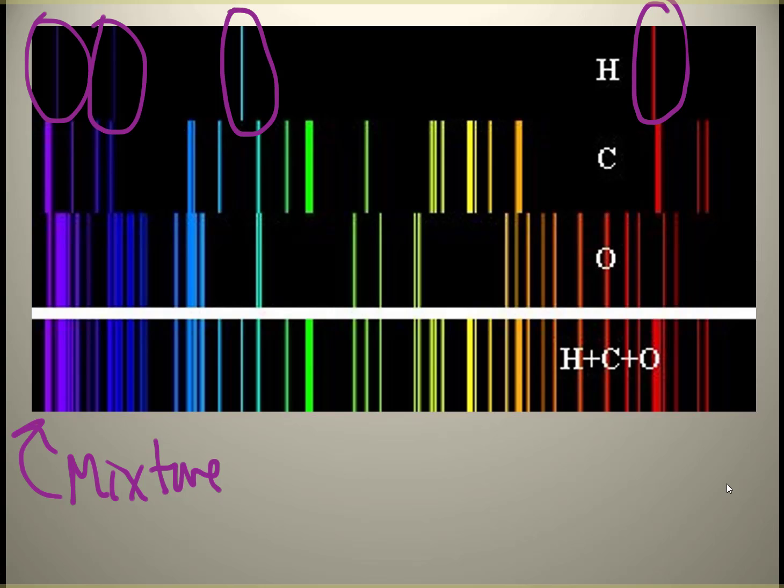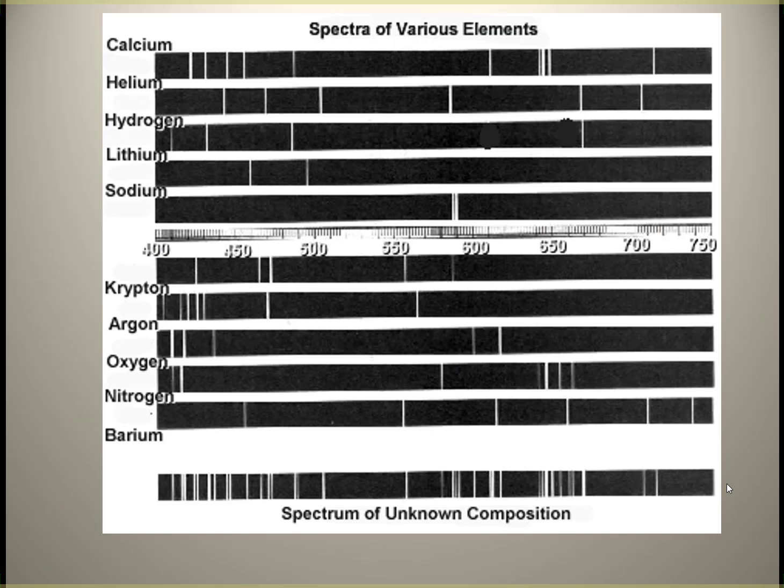If it doesn't have those bands, then it's not hydrogen. So looking at this, we can identify it from the mixture. And I can do the same thing for carbon and oxygen, and that's how I know that hydrogen, carbon, and oxygen are in that mixture, because they have every single one of those bands from these three elements. So this one, my mixture, is down here at the bottom.